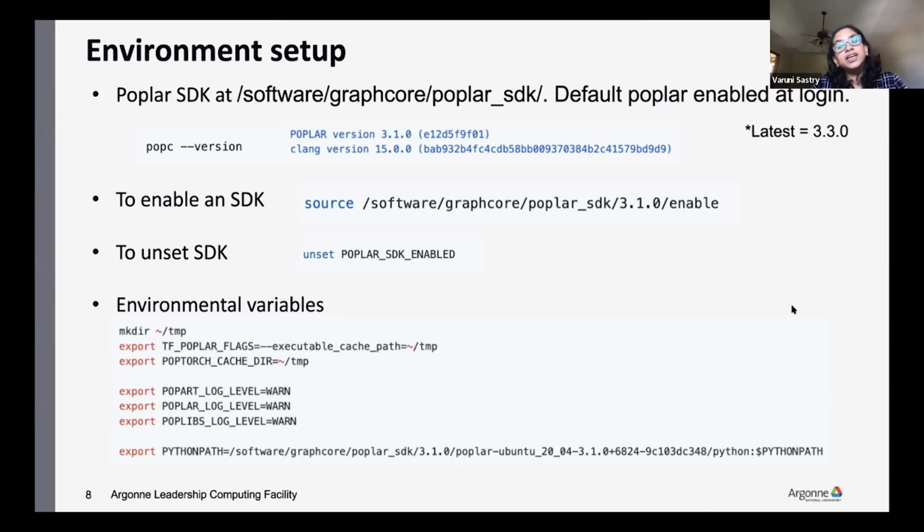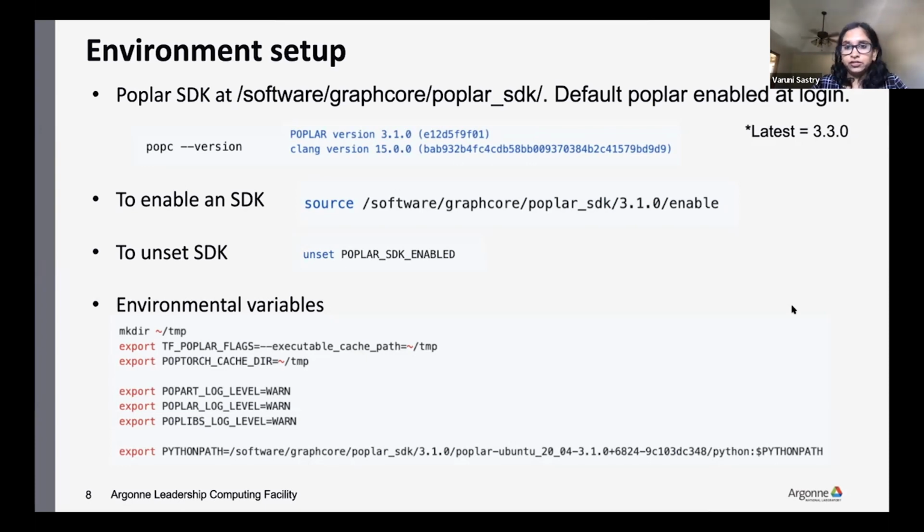As a next step, once we have logged on to the system, the Poplar SDK that we learned about in our previous session is currently present at /software/graphcore/poplar_sdk. Usually the different versions of these Poplar SDKs are downloaded and placed at this particular directory.